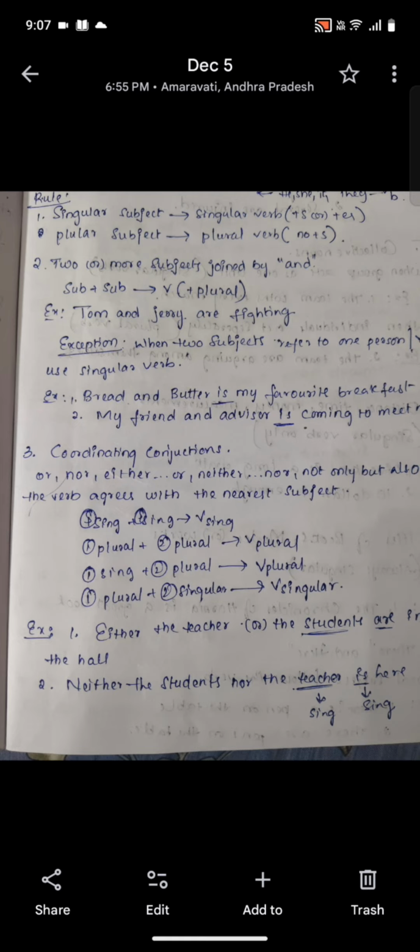Rule number 2: if in a sentence you have two or more subjects joined by and, for example, Tom and Jerry are the subjects and are fighting. Here we have to add a plural form to the verb.